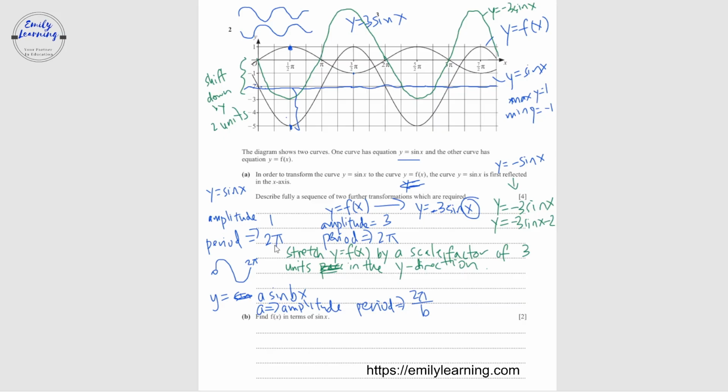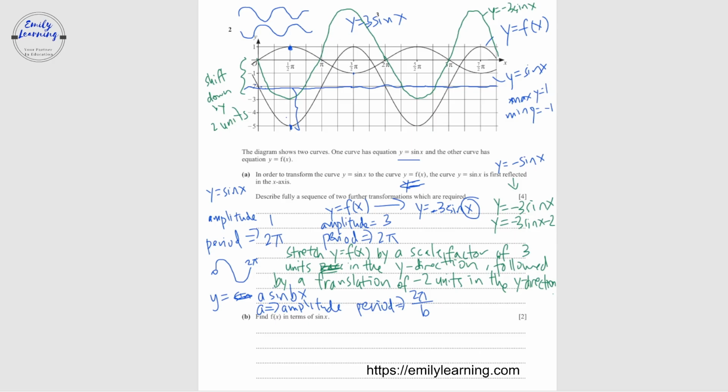So that is the first thing, right? Followed by a translation of negative 2 units in the y direction.